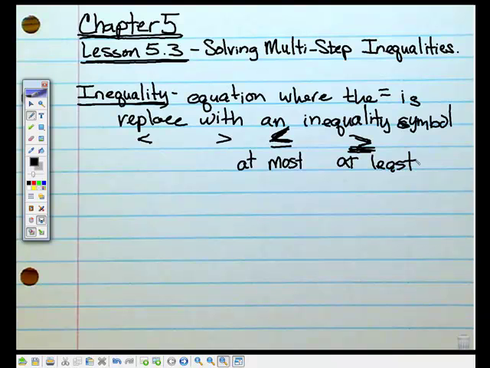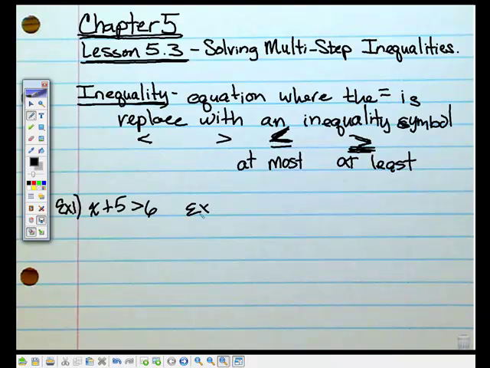Alright, we'll go through some examples here. Three quickly for you. Basic ones. You're probably aware that we are skipping lessons 5.1 and 5.2 if we're starting at 5.3 in chapter 5. Example 1 that I'll have you do is x plus 5 is greater than 6.